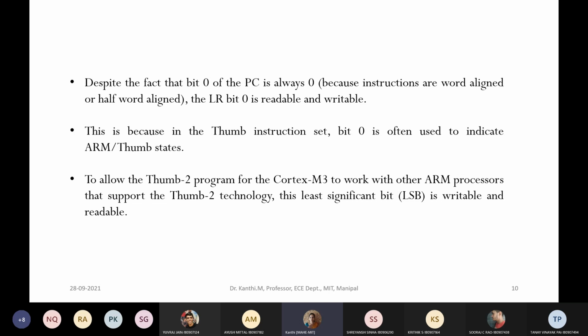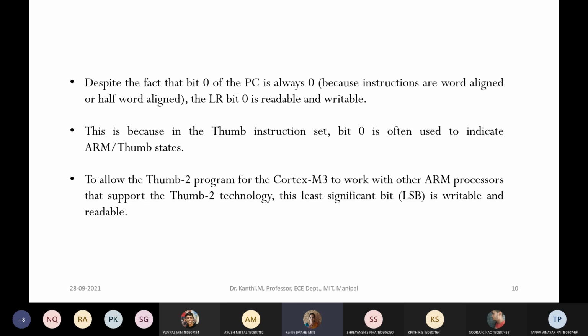The fact that bit 0 of PC is always 0 is because instructions are word aligned or half word aligned. The link register bit 0 is readable and writable, only bit 0. This is because we need to identify in thumb operations, because in the thumb instruction set, bit 0 is used to indicate what state it is, whether it is ARM state or thumb state.